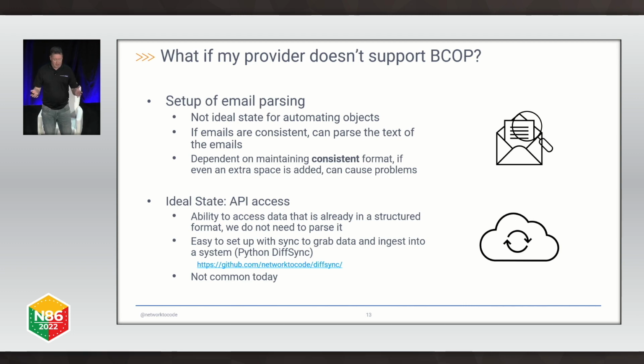Our ideal state, though, that you'll hear from anybody within automation, is being able to work with APIs. If we can get API access from the provider that says, here are all the maintenances coming up, that is terrific. We have another library called diffsync. It's a Python library that takes things from system A and system B and can sync those either one way into or between the two.